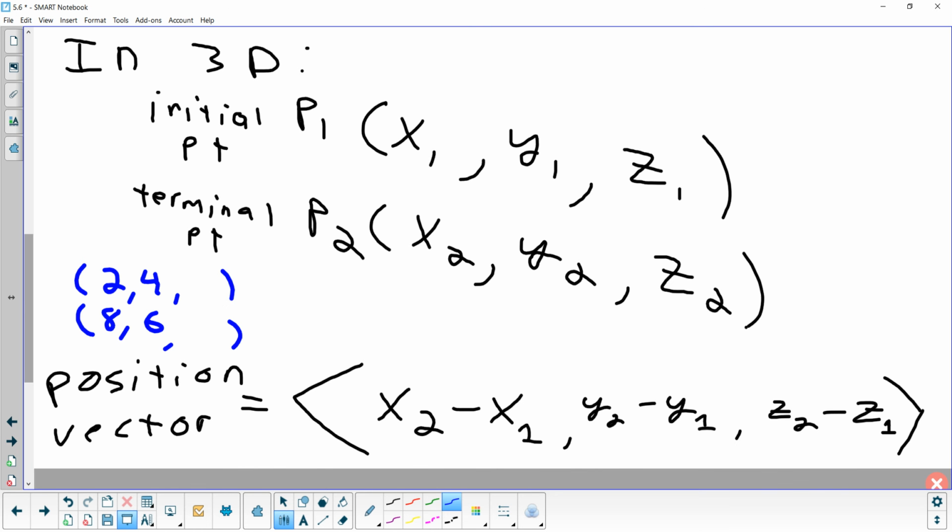Well, if those are the numbers I give you in 2D, what's the z part of each number? If those are two-dimensional coordinates. Right, it doesn't exist, so what would it be? 0.